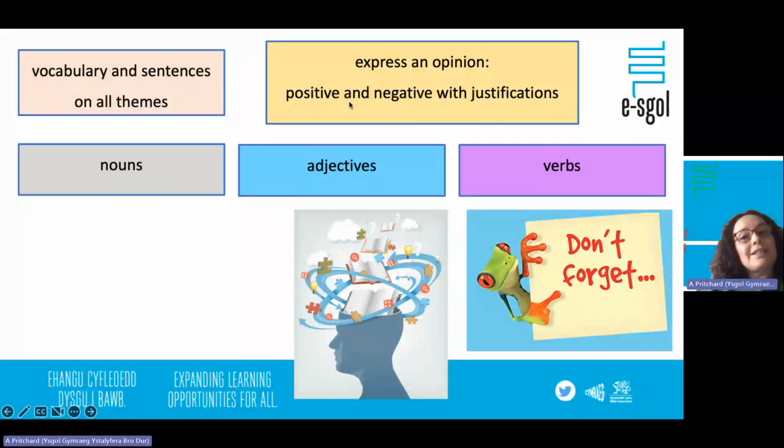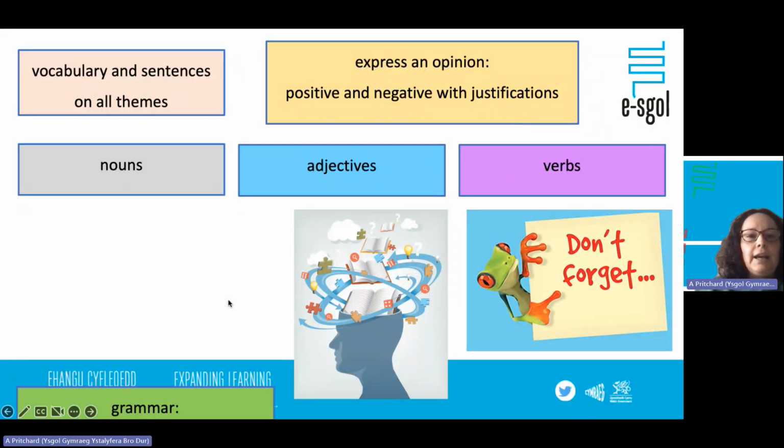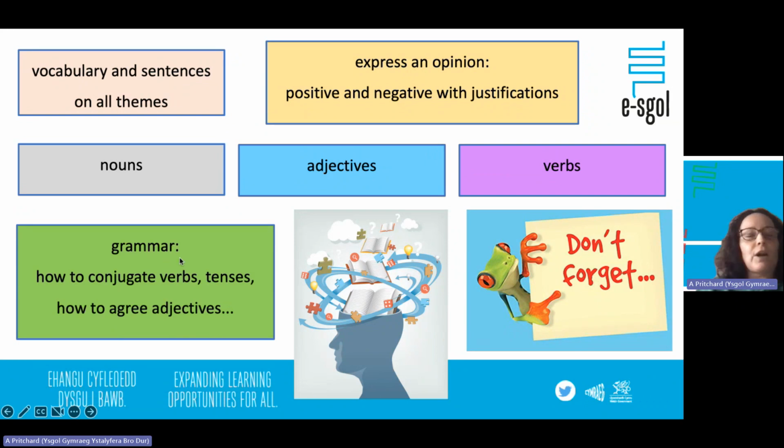You will need to give positive and negative opinions with justifications. And the justifications are really important because in order to get those top grades, you will need to justify any opinions that you give. And finally, then grammar. There's lots of grammar to learn. For example, how to conjugate verbs using different tenses, how to agree adjectives, and so on. Okay?